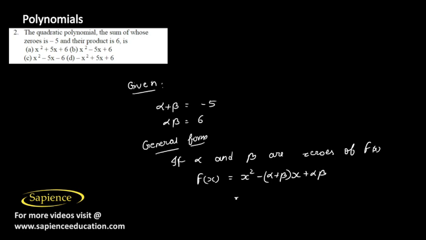By substituting the values of alpha plus beta and alpha beta, we get x square minus of -5x plus 6, which can be written as x square plus 5x plus 6. So option B is the correct answer. Sorry, option A is the correct answer. Answer option A.